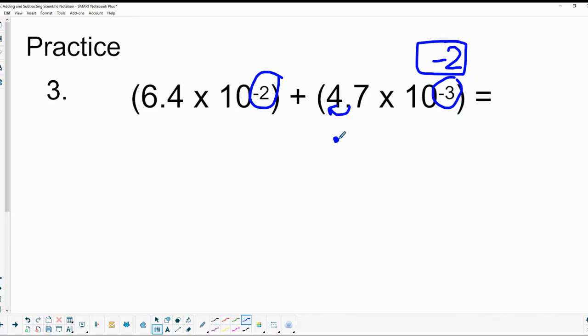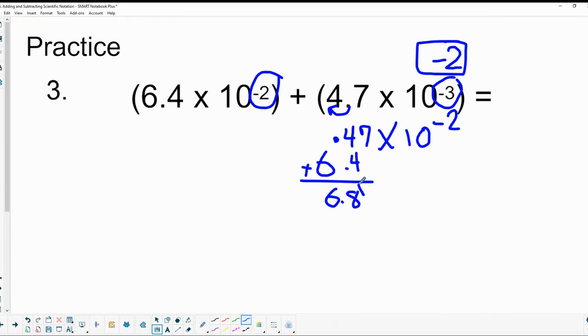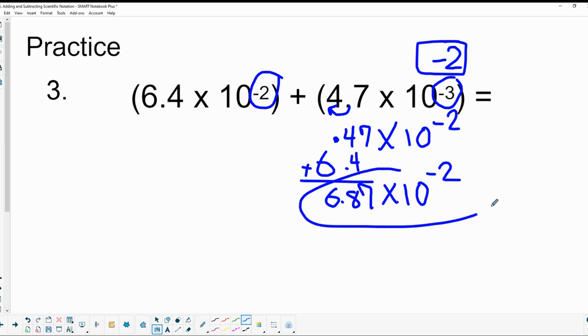So we're going to get 0.47 times 10 to the -2 power. Now all we have to do is add 0.47 and 6.4 together. And when we do that, we get 6.87 times 10 to the -2 power for our final answer. And that's all we need to do when we're doing that kind of a problem.